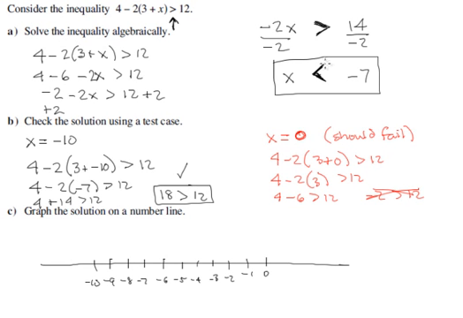This solution says x can be lower than -7. It can't be exactly -7, so I'm not going to draw a solid dot here. I'm going to leave an open circle, and then we're supposed to be lower than -7, so I'm going to draw an arrow that goes down into the lower numbers to the left.